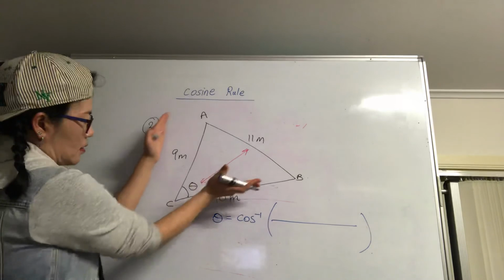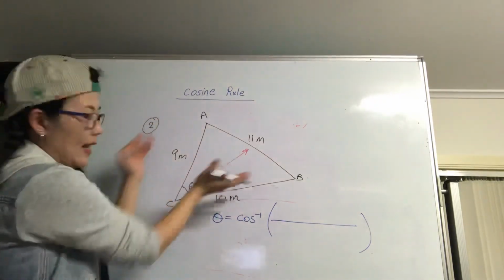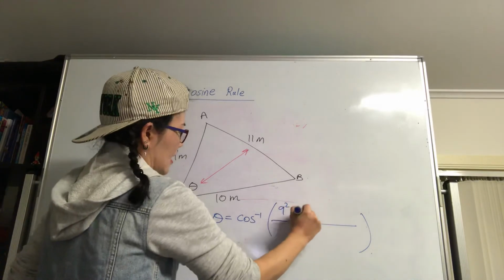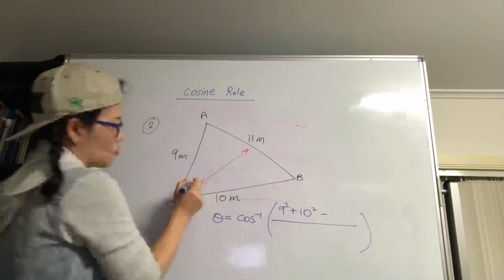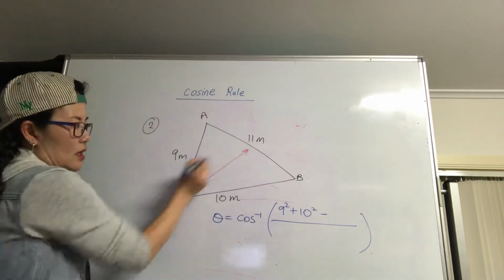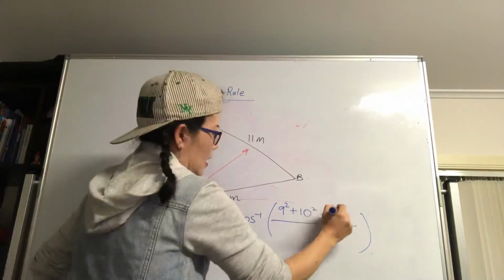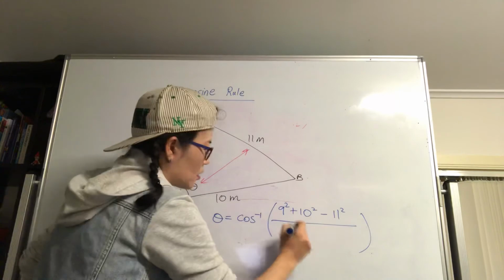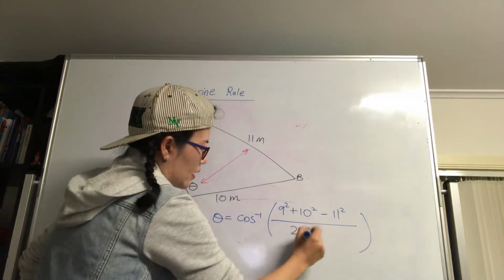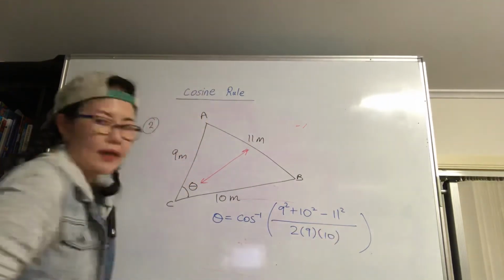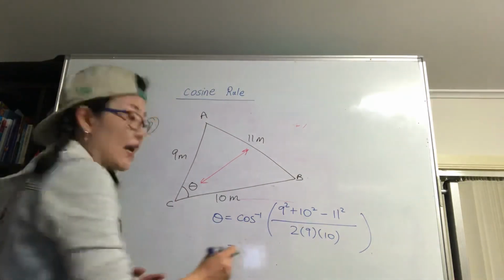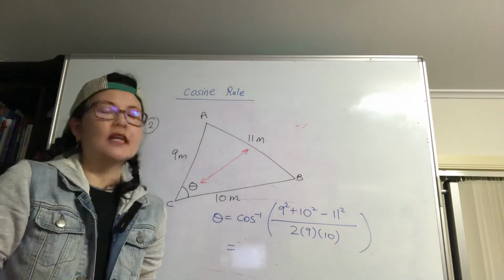Remember, the sides protecting the angle go on the top. It'll be 9 squared plus 10 squared minus the one that is opposite to this angle, which is 11 squared. And on the bottom, it's double of these two, 2 times 9 times 10. Remember the pattern here, and please use your calculator, guys.